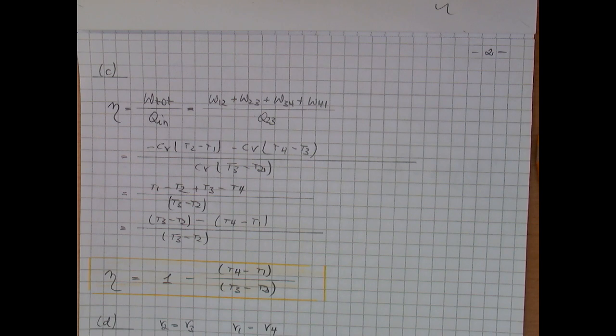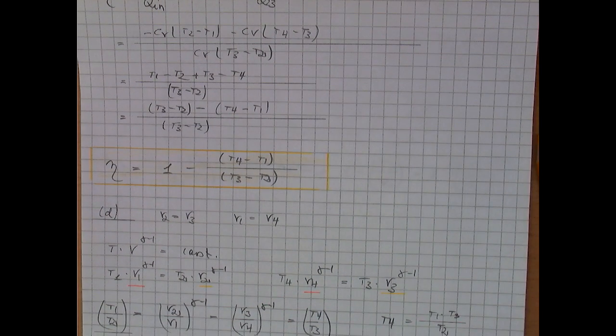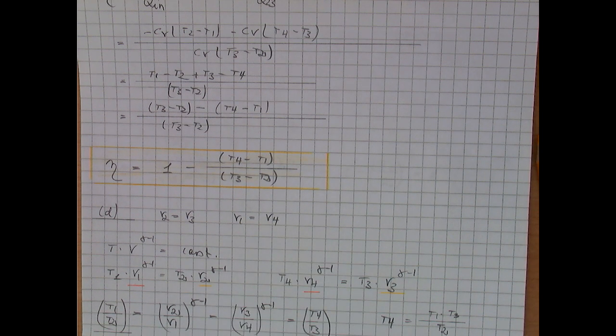We evaluated this simply using our expressions from here and came to the expression which was given in the problem. Then we used the fact that we have two isochoric steps, V2 and V3 are the same, and V1 and V4 are the same.